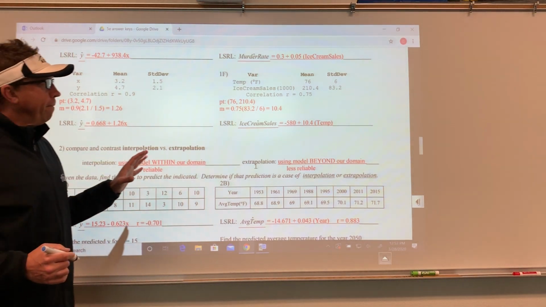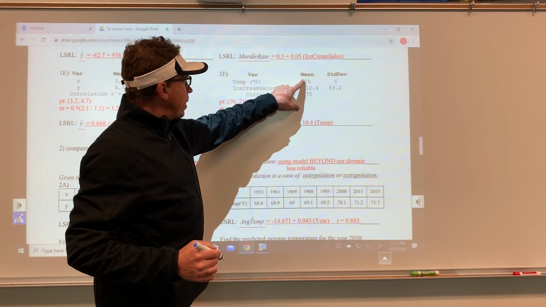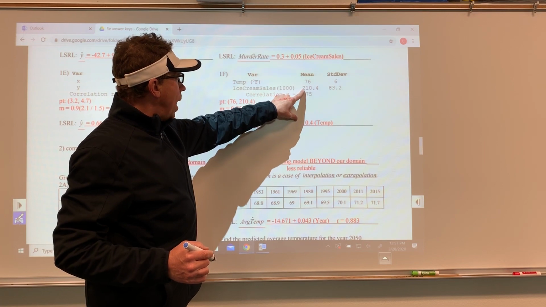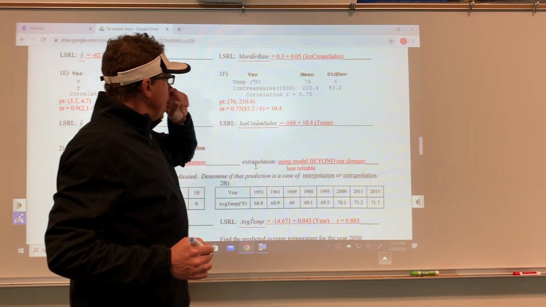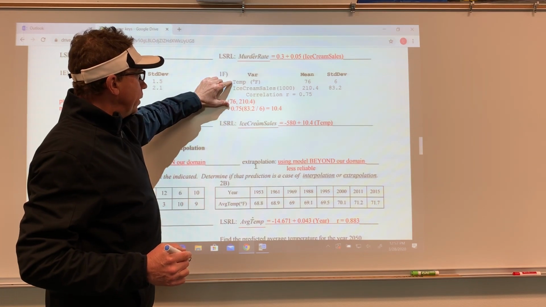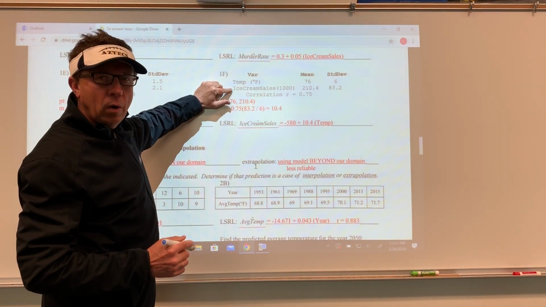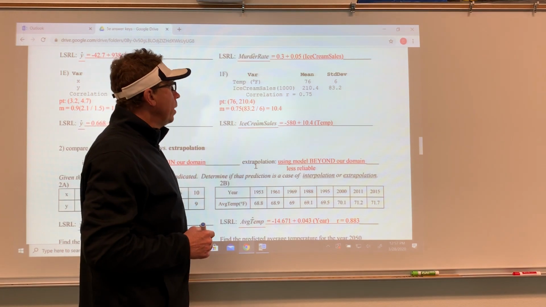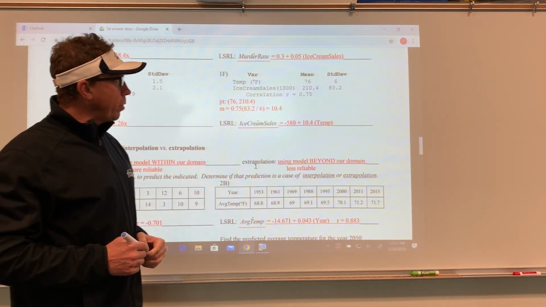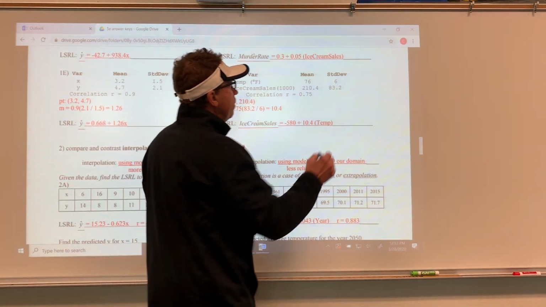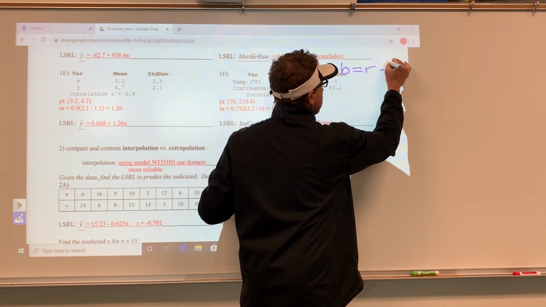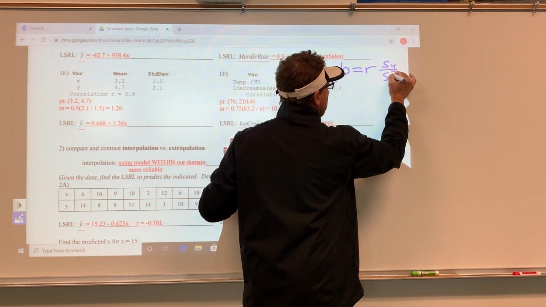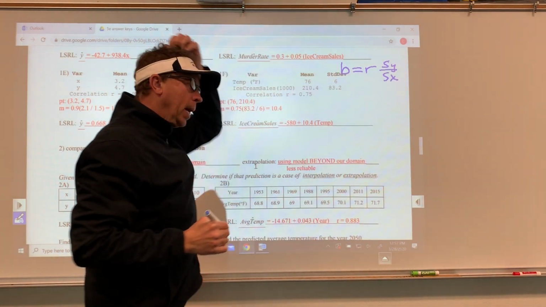Okay, for F, we got the means of the x's, the means of the y's, and we got the standard deviation. And this is a correlation between as temperature rises, ice cream sales go up. Makes sense, okay? So the first thing we're going to do is we're going to try to find the slope. And if you remember again, the slope is r times s sub y over s sub x, okay?